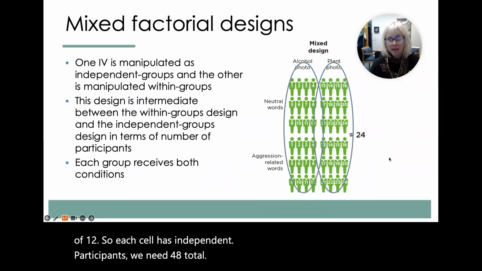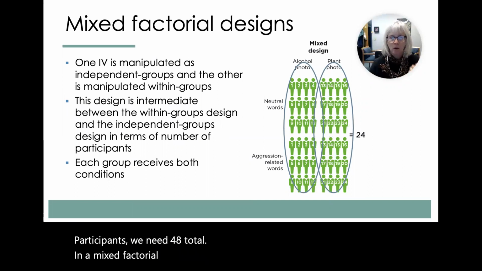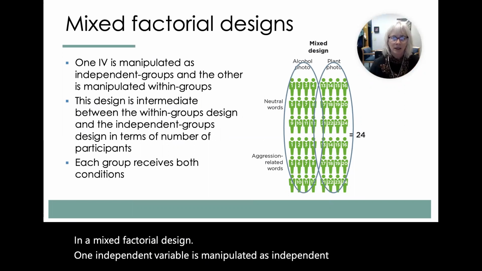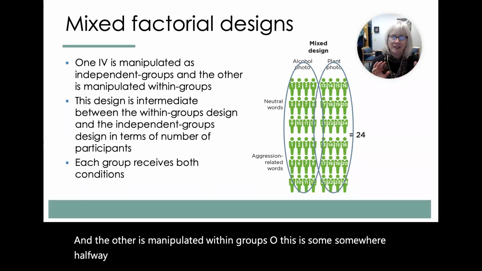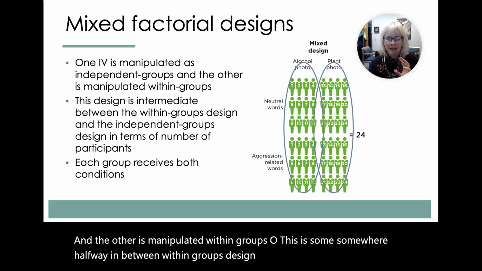In a mixed factorial design, one independent variable is manipulated as independent groups, and the other is manipulated within groups. So this is somewhere halfway in between a within groups design and an independent groups design in terms of number.